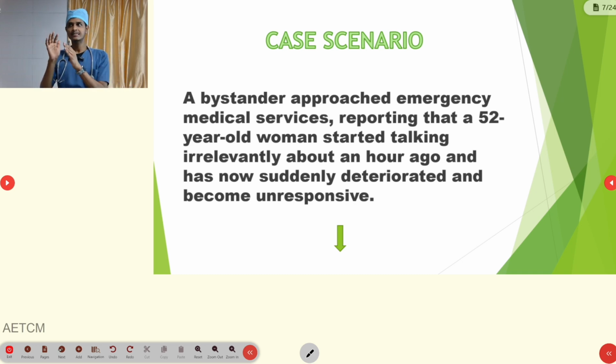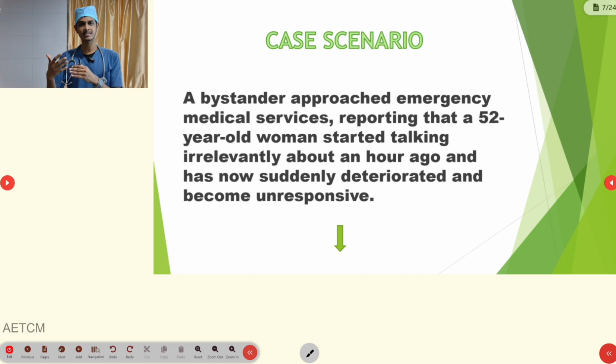So here, as a pre-hospital paramedic, before starting your transport or journey, what are the pre-preparatory things you have to keep in mind? You should have a wide idea of the reasons for the altered mentation and the reasons for the sudden collapse. You have to think about all the systems. Starting with the CNS, think about sepsis-related things, septic encephalopathy or uremic encephalopathy.